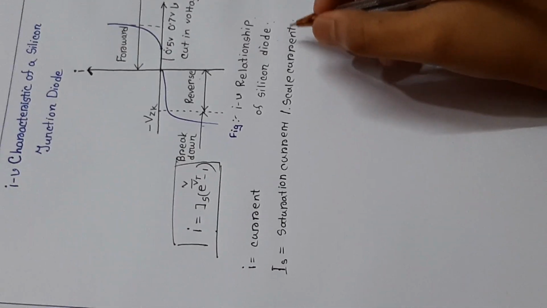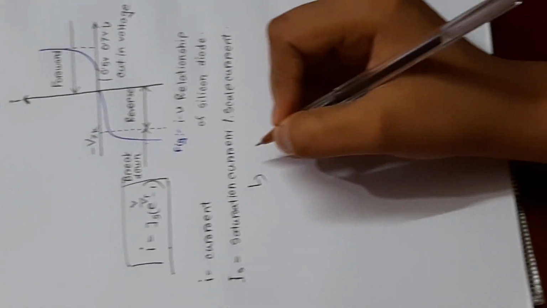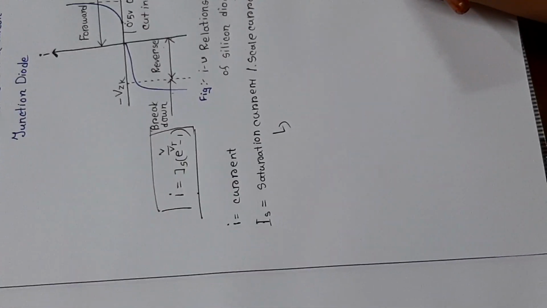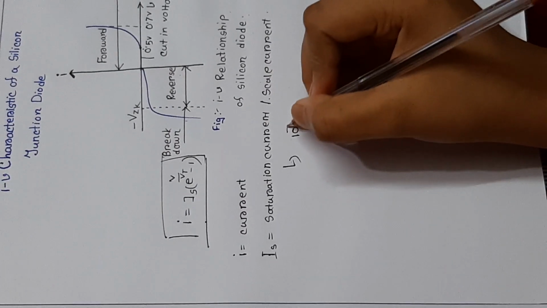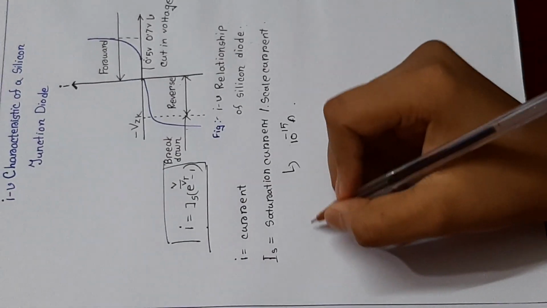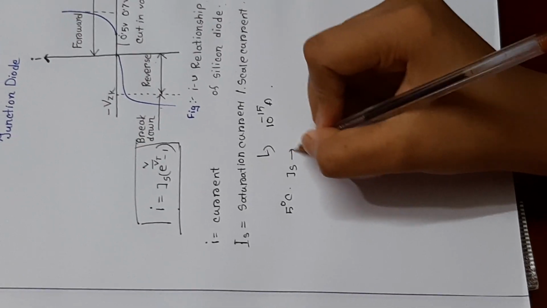That is, if the area increases, it will also increase, and it also depends on the temperature. In room temperature we take it as 10 to the power minus 15 ampere, and if we raise the temperature by 5 degrees Celsius, the Is doubles.